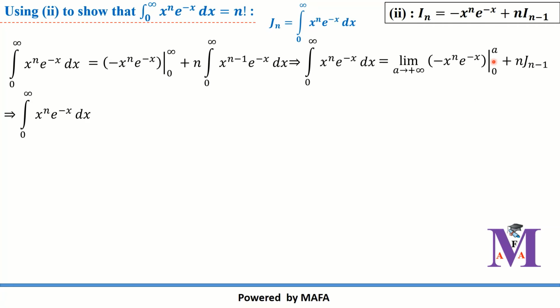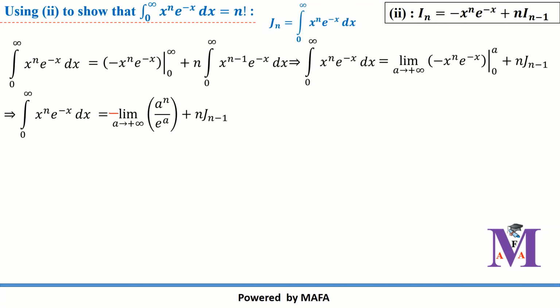Now when we impute 0, which is the lower limit, everything boils down to 0, right? So we just need to impute the upper limit, which is a, and then we find the limit as a tends to plus infinity. Our n g of n minus 1 remains there. Now there is a negative sign here which I missed, so permit me to indicate the negative sign in red.